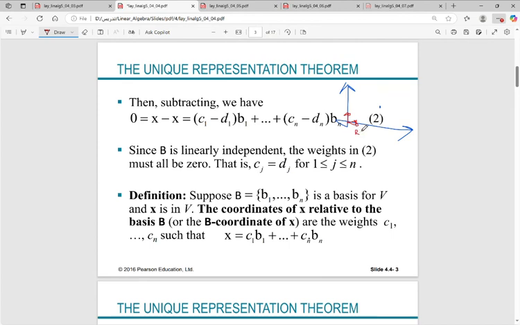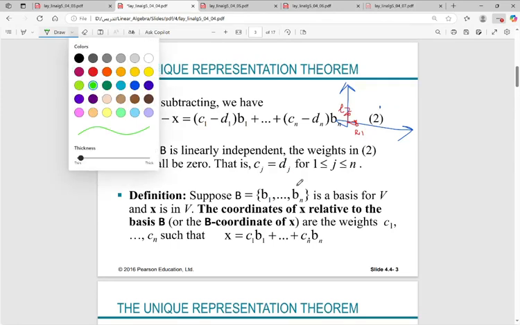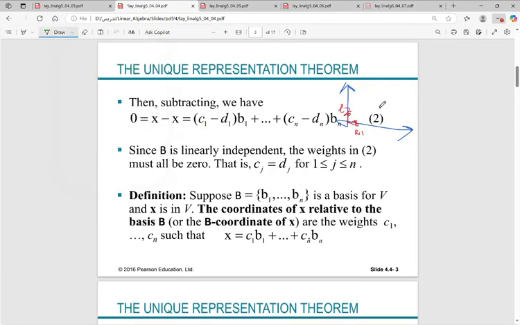E1 is (1, 0) and E2 is (0, 1). Take one combination of E1 and E2, for example, this point equals 3 times E1 plus 2 times E2.